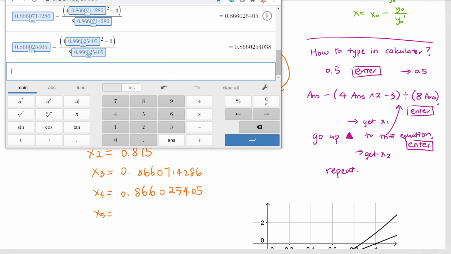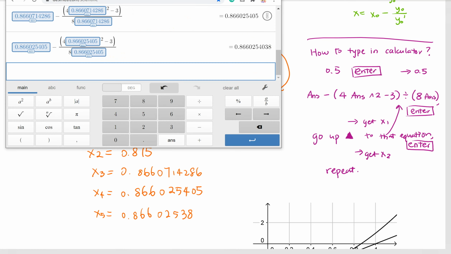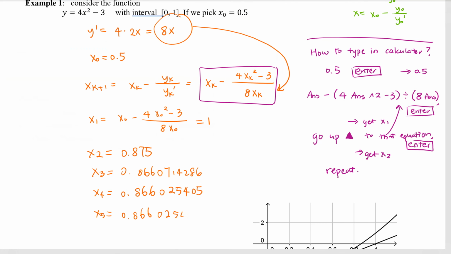0.866025403.8. You will see the numbers are getting very close to each other, right? Oh, 4038, sorry. 4038.